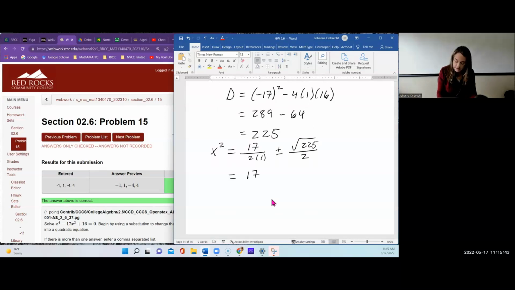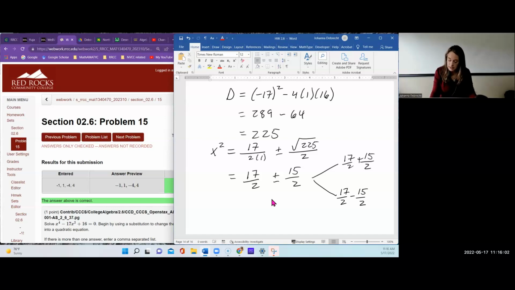So this gives me 17 over 2 plus or minus 15 over 2, which I can split into two different parts. 17 over 2 plus 15 over 2, and 17 over 2 minus 15 over 2. 17 plus 15 gives me 32 over 2, which equals 16. 17 over 2 minus 15 over 2 gives me 2 over 2, which reduces to 1.